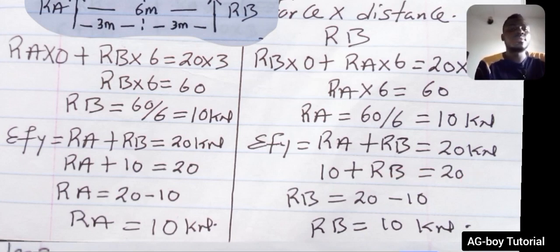Making RB subject of formula, we have to cross this 10 kilonewton over the equal sign, and it's going to turn negative. Once that's done, 20 will now subtract 10, and we'll have 10 kilonewton left. So our RB now becomes 10 kilonewton.